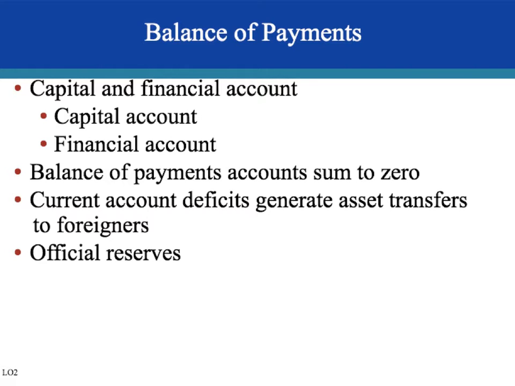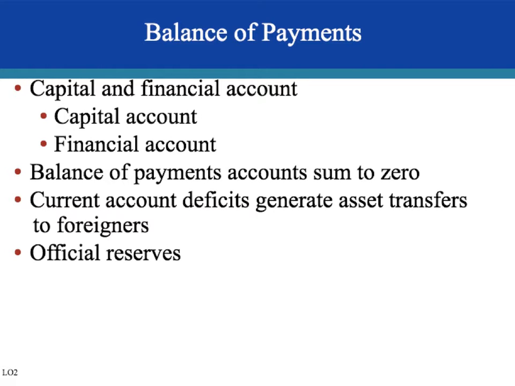All right, long story short, whenever we import a good or export a good, there is an exchange of money there. So the current account changes by the value of the import or exports, and then the financial account will change by that amount too.